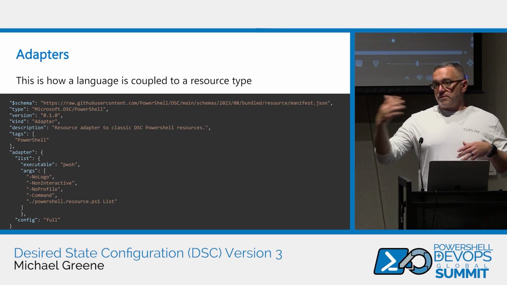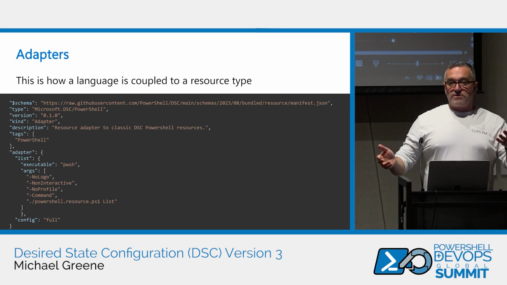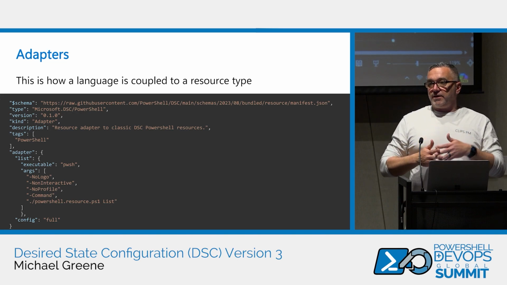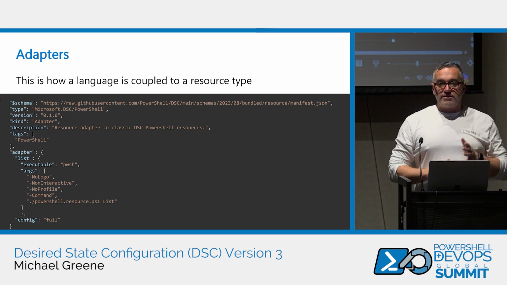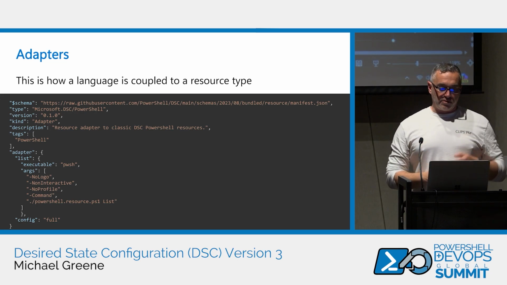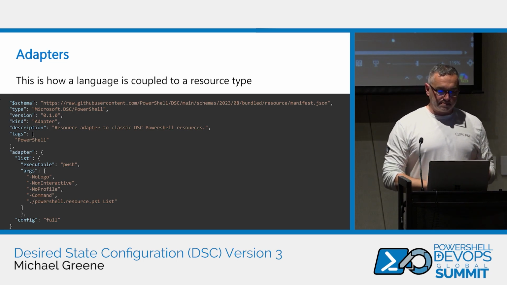Because as we've all seen, some stuff is different in 5 and 7. And even if it works in 7, it might be using implicit remoting, and the deserialization gets your output all screwed up. So the ability to say, I've got one config, and on an item-by-item basis, I want to tell DSC, use PowerShell 5 or use PowerShell 7, gives you that control as you go through it. In this case, it's /PowerShell, so that's indicating 7.